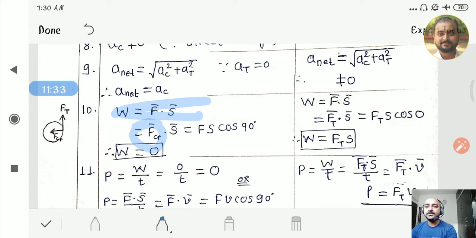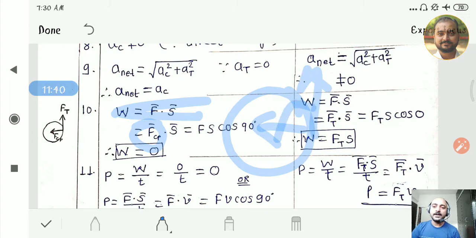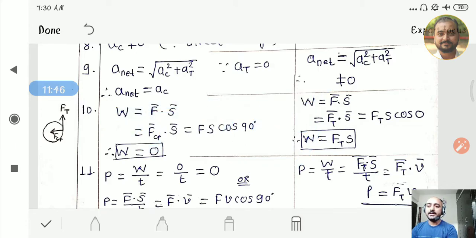As you observe, this is a circular path, this is the centripetal force, this is the displacement, and both are 90 degrees to each other, so cos 90 has value 0, and so your work done by the force in uniform circular motion is also 0. Same thing that we can say for power.